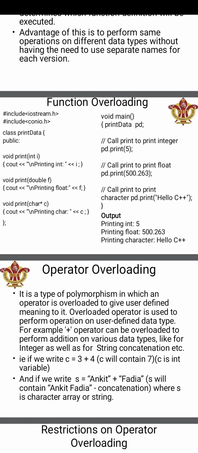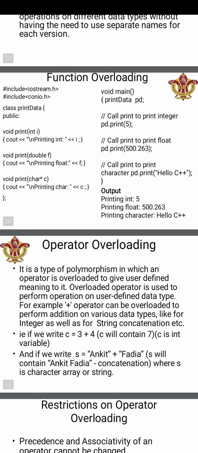All these print functions have been defined in the public section of the print data class, so we can access them using the object, namely pd. So pd dot print, and then we have passed a single argument, that is the integer 5. So it will pick the first function from this class and it will print the integer value.